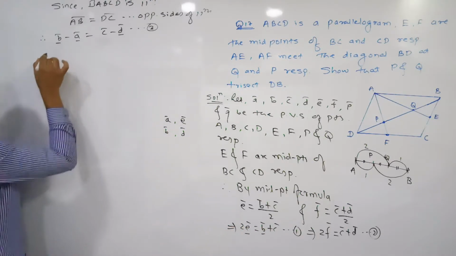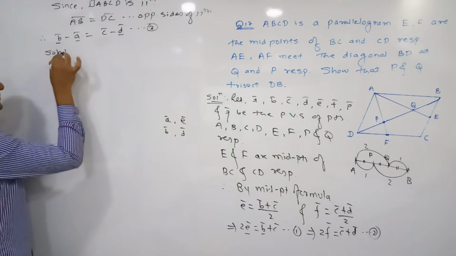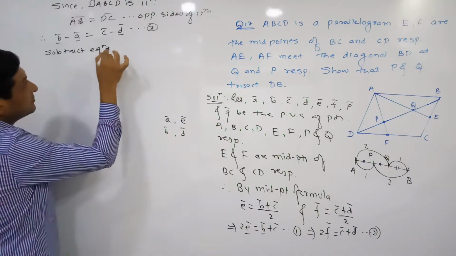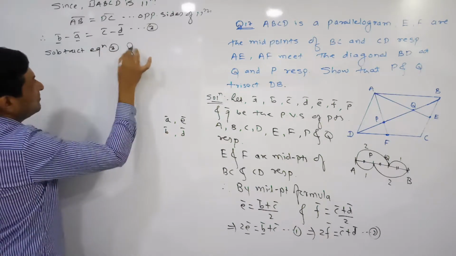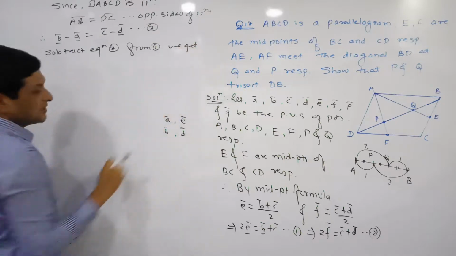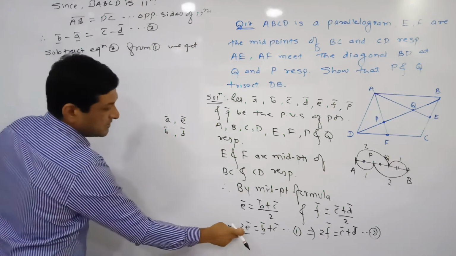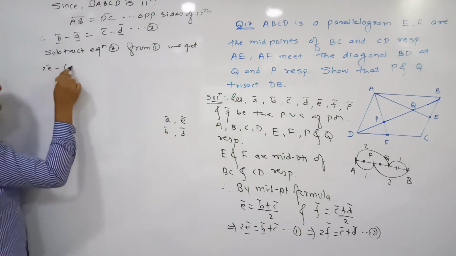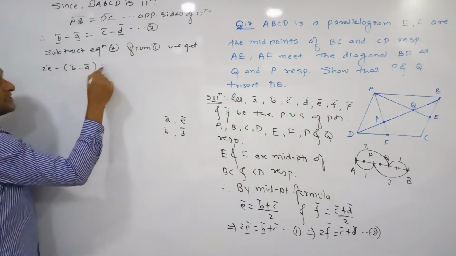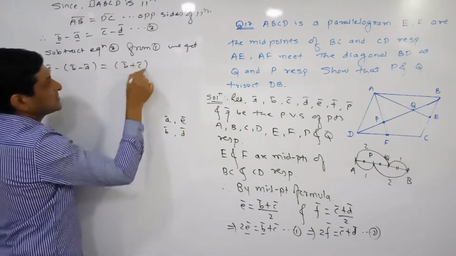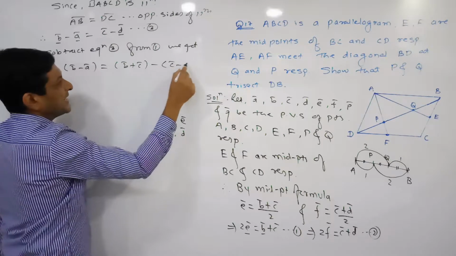So we subtract equation number third from first. Let us see what we get. On this side we get 2E bar minus B bar minus A bar, equals B bar plus C bar minus C bar minus D bar.